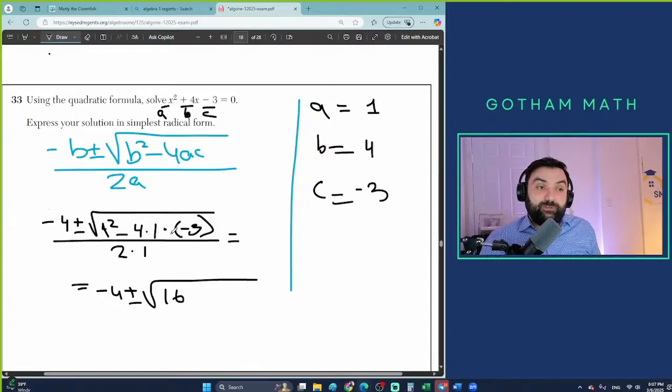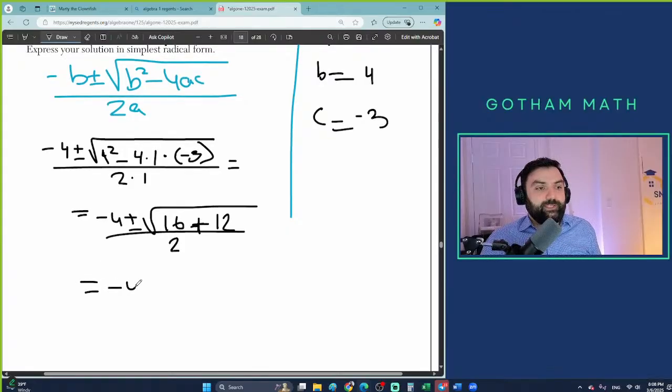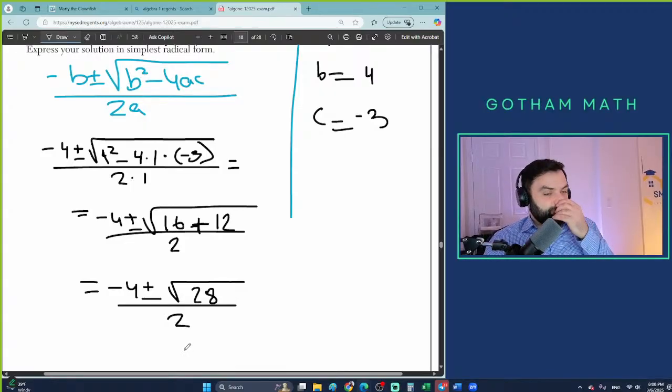Negative 4 times 1 is negative 4, times negative 3 is plus 12, over 2. Now, negative 4 plus minus square root of 28 over 2. Now you need to know what to do here.